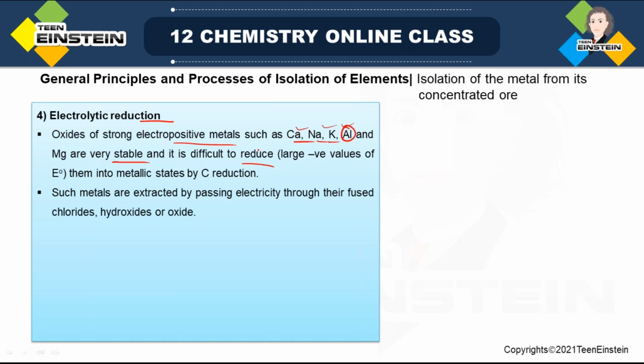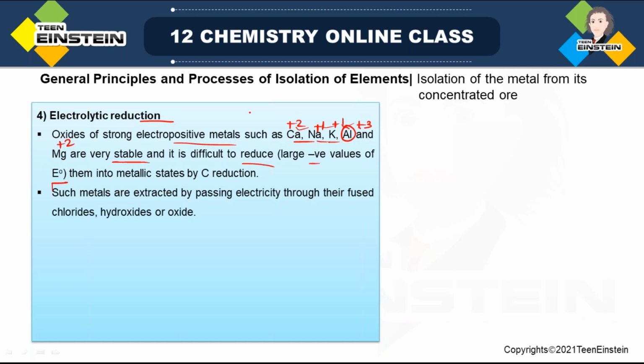It will always try to stay in the +2, +1 or +3 state. It will never be converted easily to the corresponding 0 state, that is neutral, because it is very reactive. So it is difficult to reduce. They have a large negative value of E0.